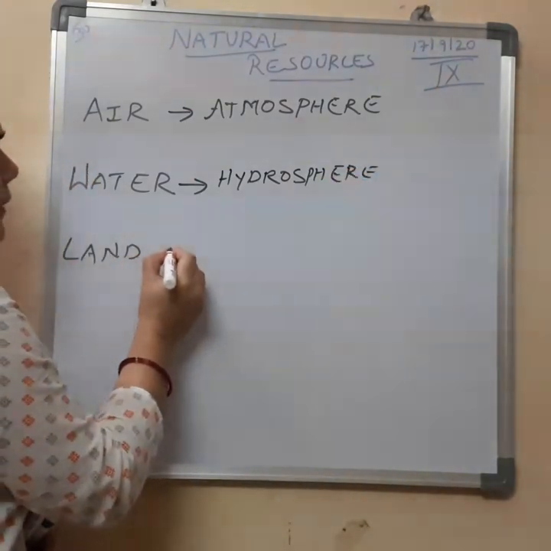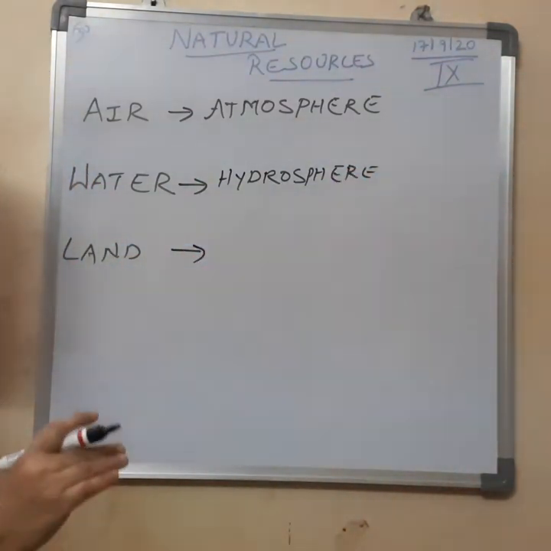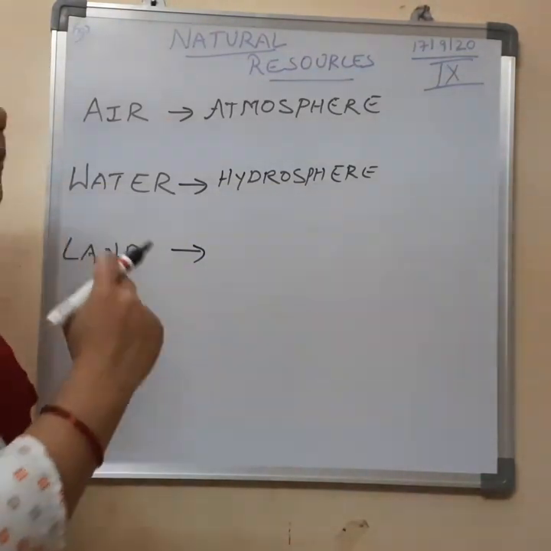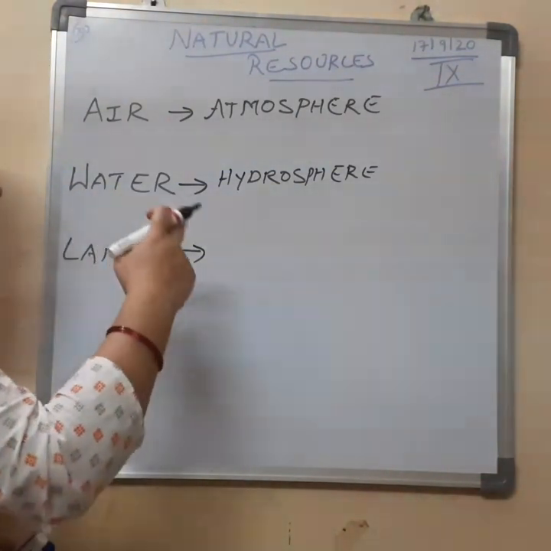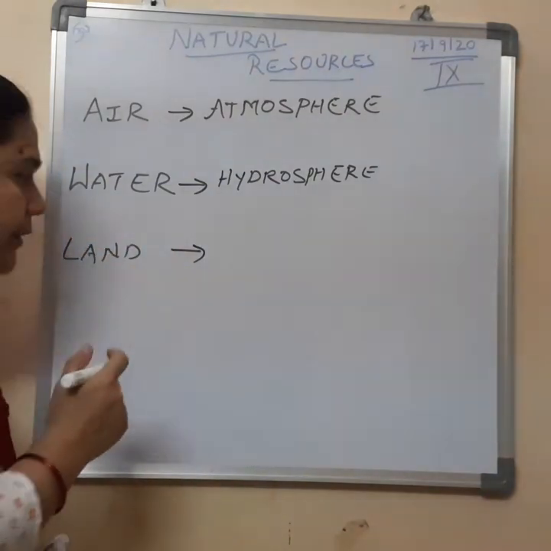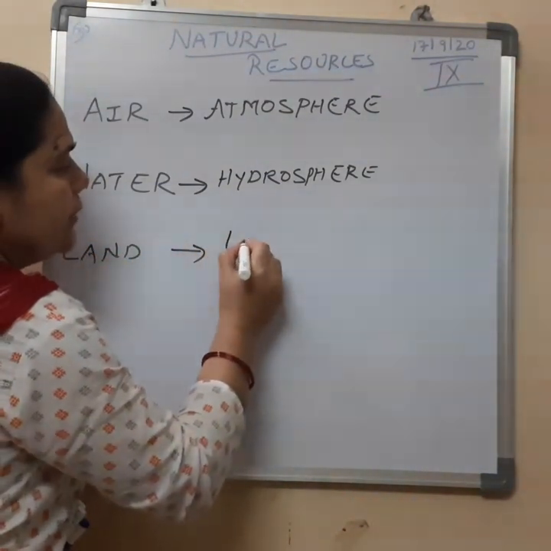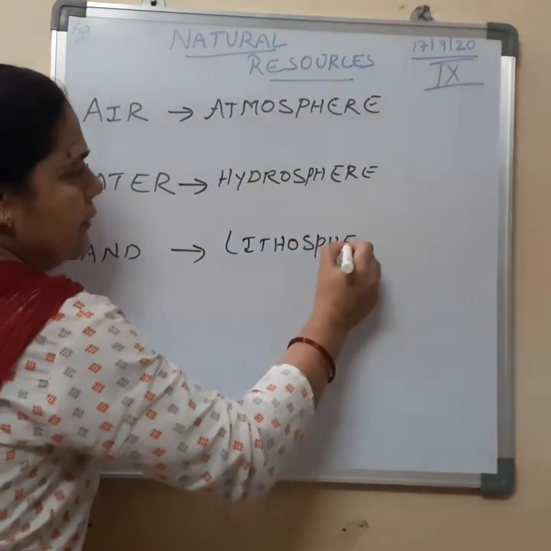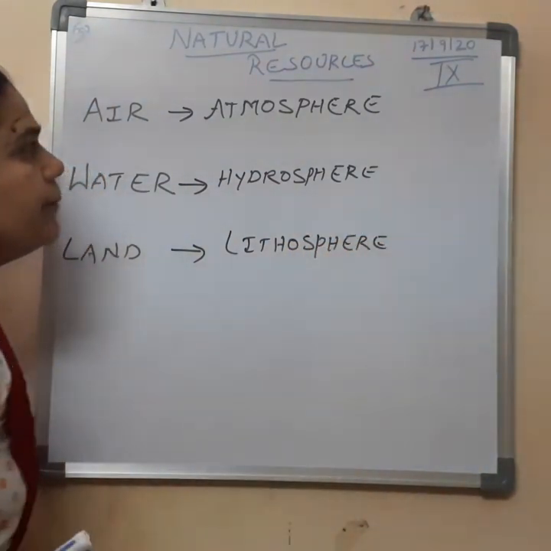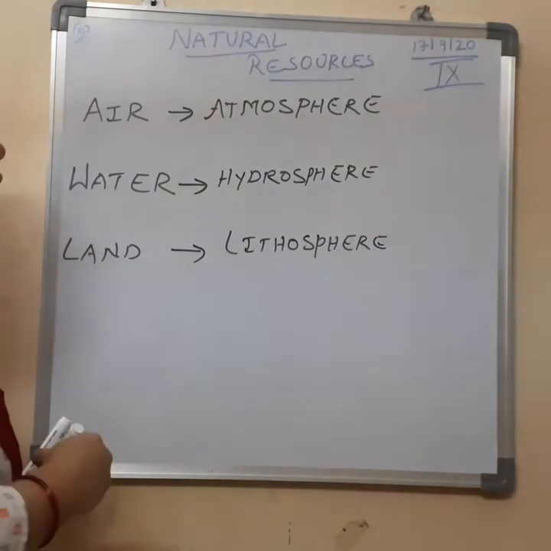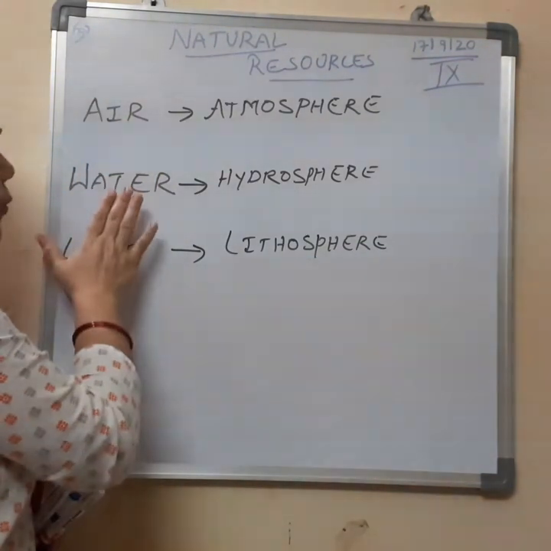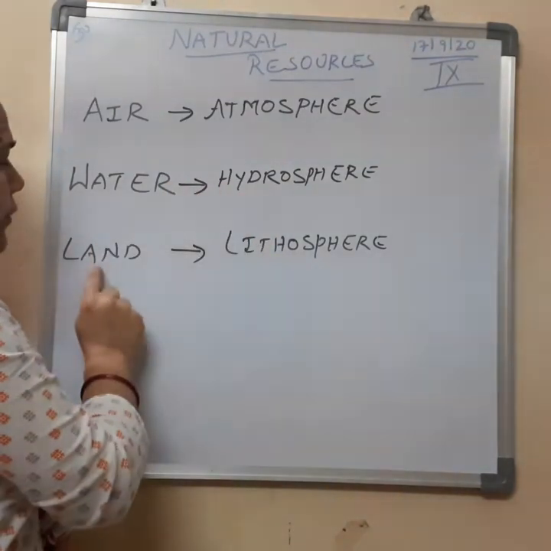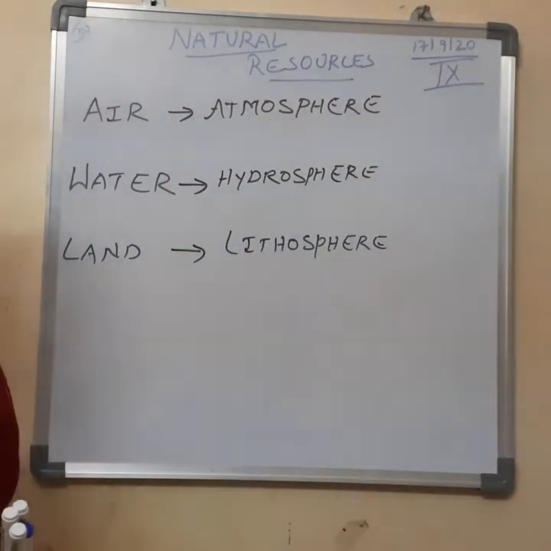Clear? Then land, the place where we live. Of course, it is only a quarter of the earth's part, but still it is the layer on which we are living, the upper layer of the earth, which is nothing but crust, and is also called lithosphere. So you see now children, you have three main resources which we are using from nature: air, water, land. Air is termed as atmosphere, water as hydrosphere, land as lithosphere.